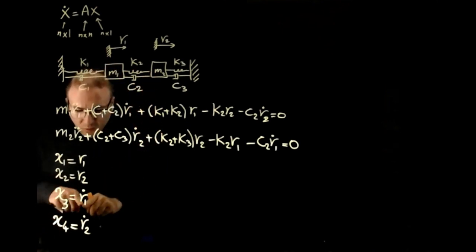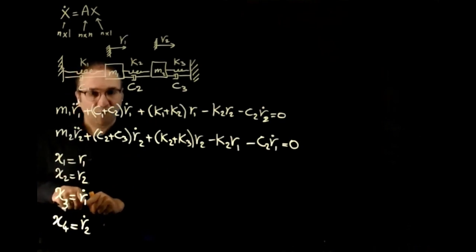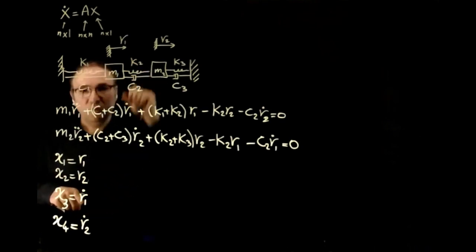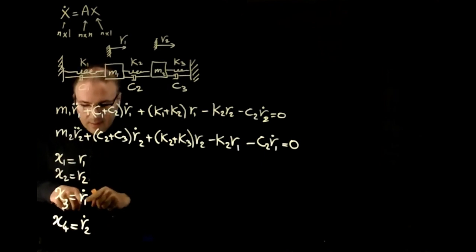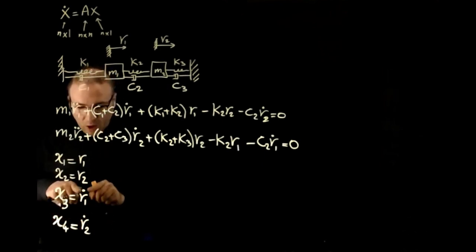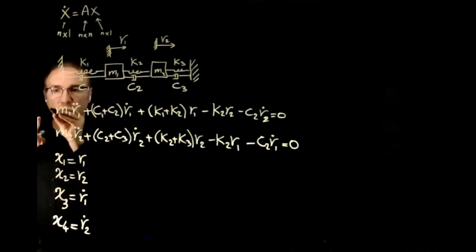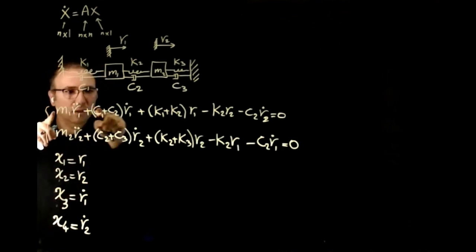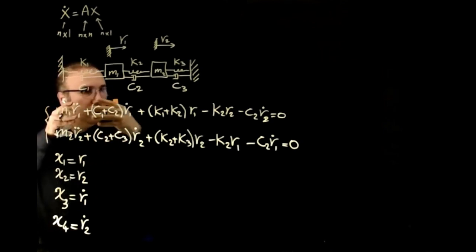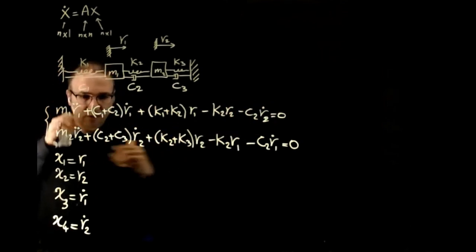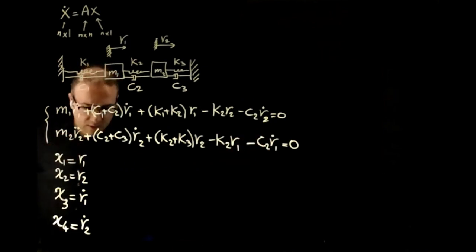So that's why this is also free to pick. I can pick a different velocity for that position. Now, if I pick these as the free variables, then R1 double dot is not free anymore because I have to satisfy this equation. So R1 double dot can be written in terms of the other ones, and R2 double dot in terms of the other ones.